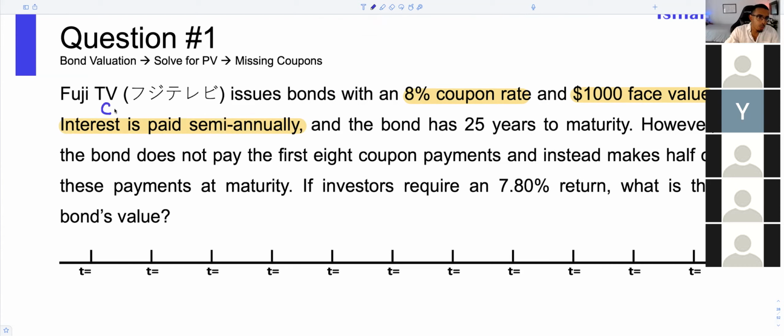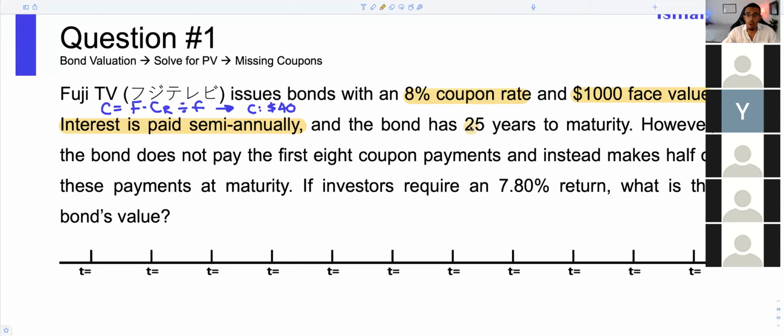Remember that a coupon payment is equal to the face value times the coupon rate divided by frequency. So in this case, all of you are absolute gangsters. You know that this is going to be $40, okay?